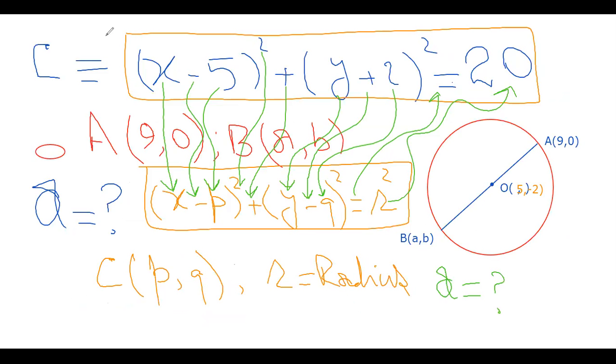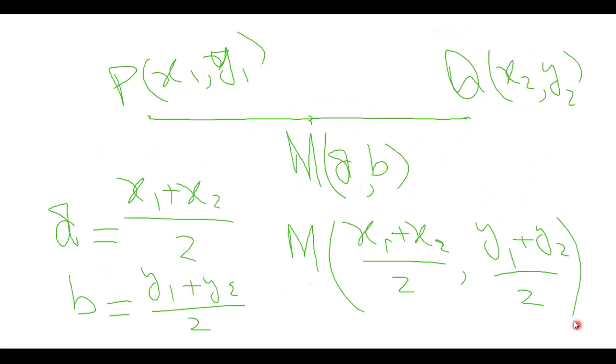Now, if you can see this diagram, let me just talk about that. If you're looking at this circle, this diameter, we have 5 and minus 2. This is the middle point. If you are using that equation, what should 5 be equal to? Utilizing this equation, this is a midpoint.